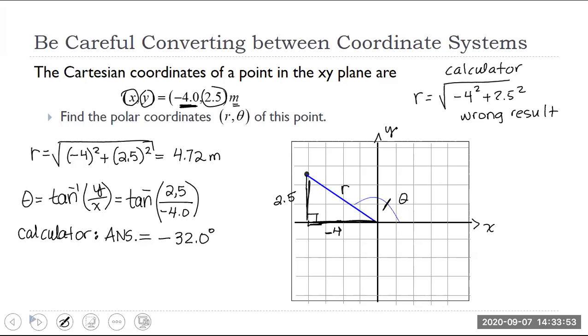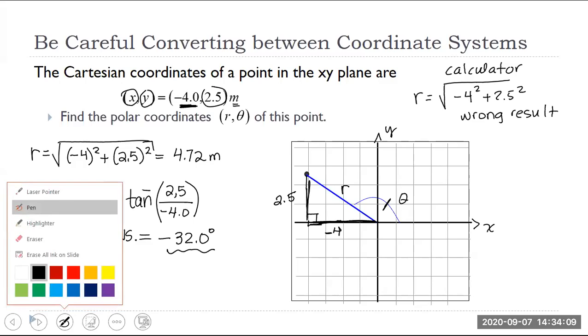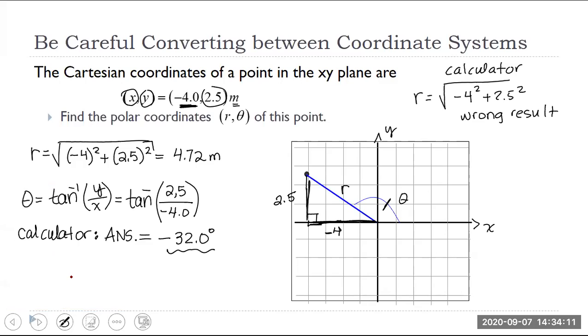In the fourth quadrant, right? Because if an angle is positive, it goes counterclockwise with respect to the x-axis, and if the angle is negative, it goes clockwise. And so this angle right here would actually be represented as this down here.